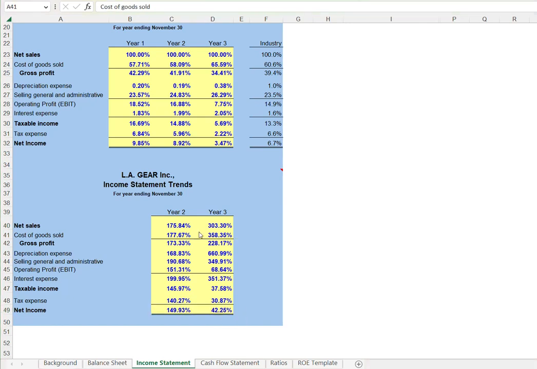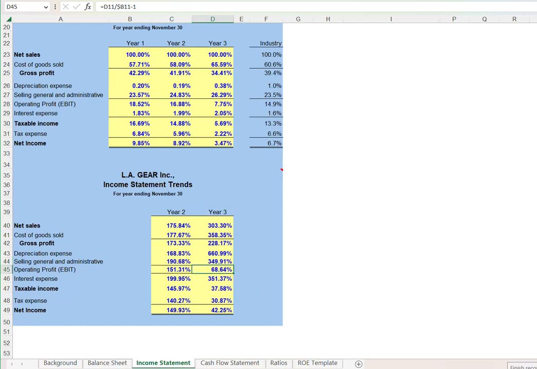Our cost of goods sold, again, sales tripled, but cost of goods sold went up by 358%, faster than sales. Depreciation expense went up faster than sales. Selling administrative expense went up faster than sales. And of course, if those costs are going up faster than sales, that means our operating profit is going up slower or less than sales.